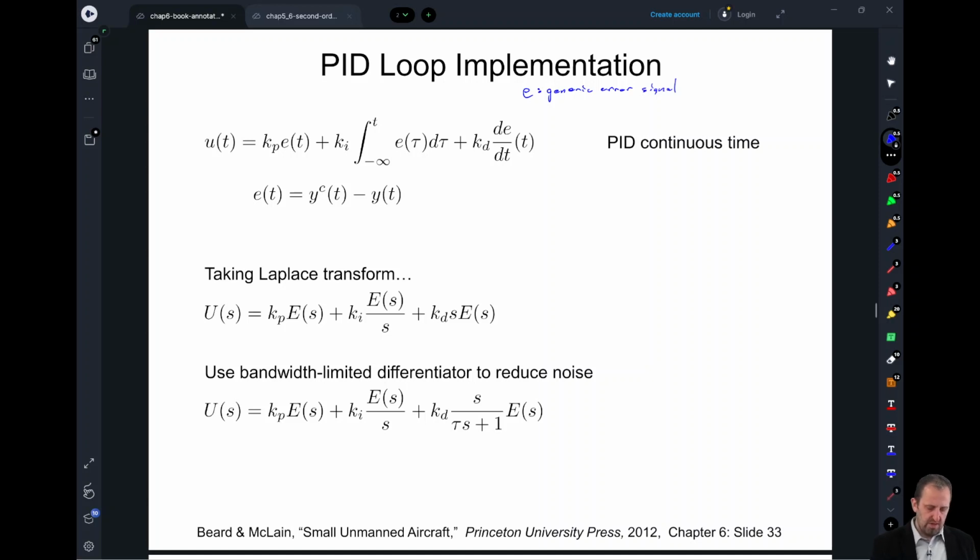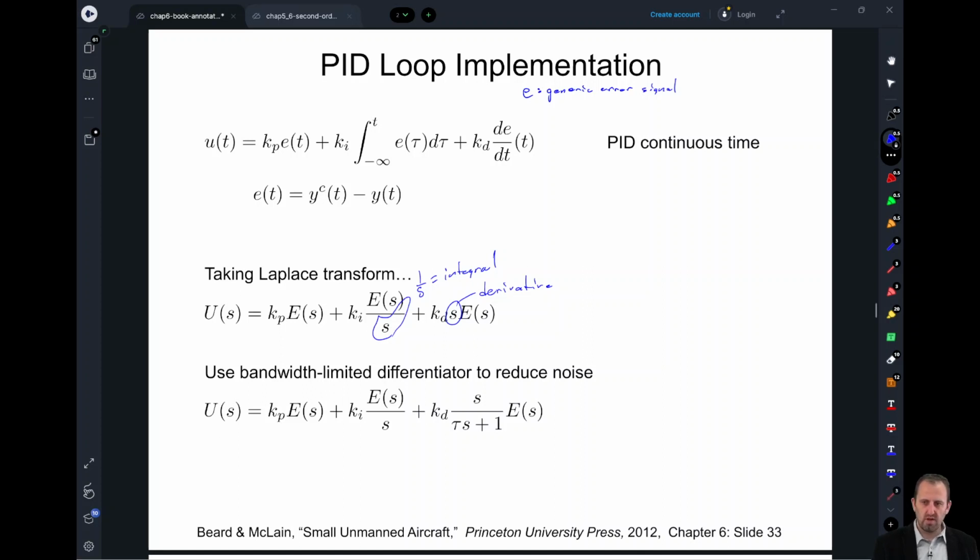If we take the Laplace transform of that, we'll have 1 over s, which is equal to an integral, and we'll multiply by s for our derivative. Now that derivative is going to amplify noise, and so you really don't want a straight up derivative in your PID control.